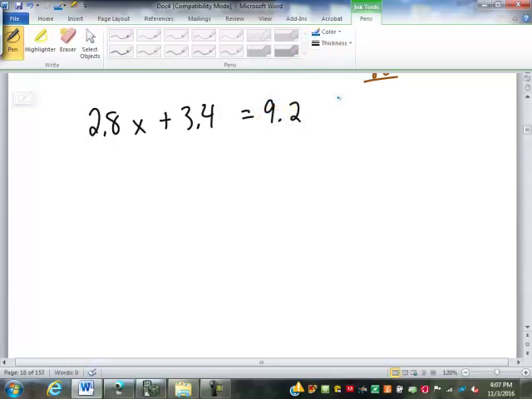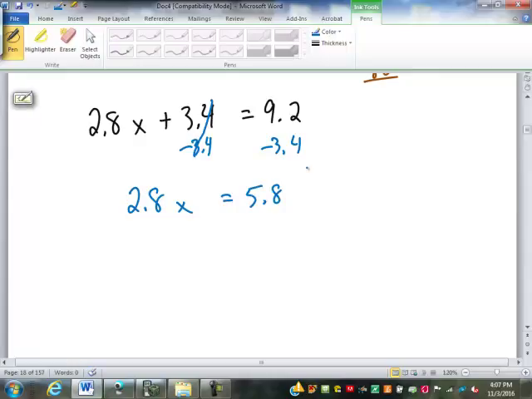What are we going to do to solve this? Very good. Just like we would any other equation, x has been multiplied by something and then had something added to it, so we're going to reverse that. We're going to subtract the 3.4. So 2.8x equals 5.8.